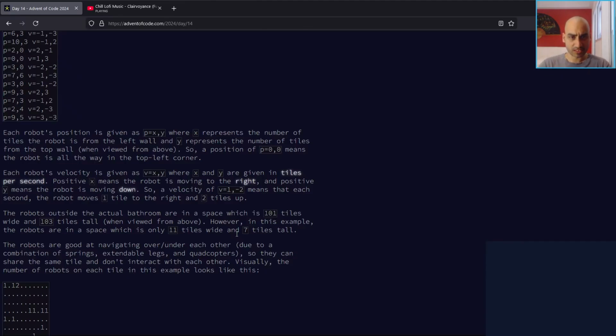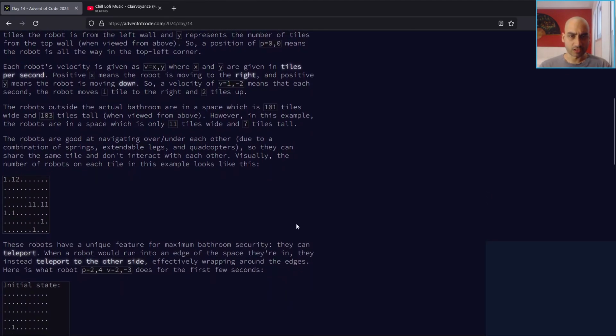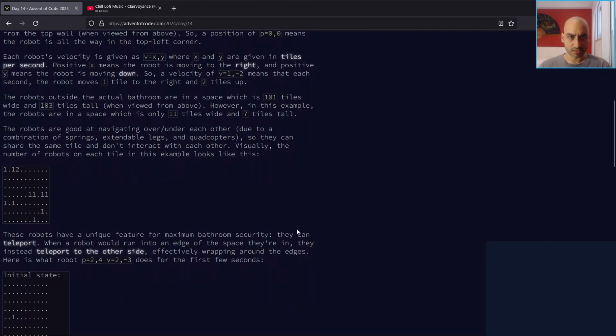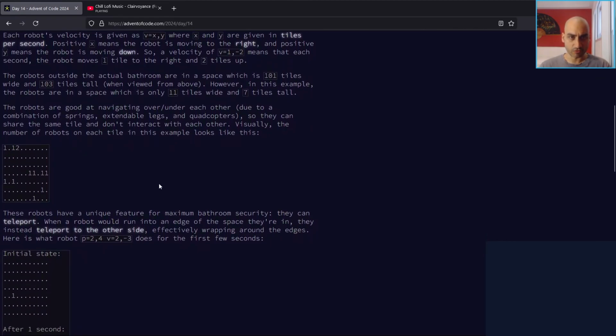Each robot's velocity is given as V equals X,Y, where X and Y are given in tiles per second. The robots are good at navigating over-under each other due to a combination of springs, extendable legs, and quadcopters, so they can share the same tile and don't interact with each other.